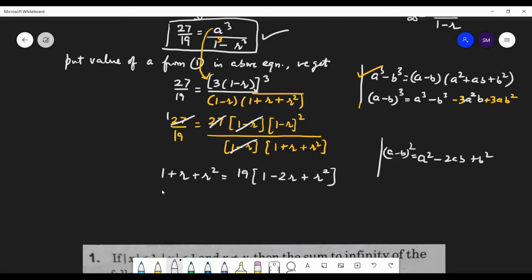Now students, you can solve it easily, right? So 1 plus r square is equal to 19 minus 38r plus 19r square.